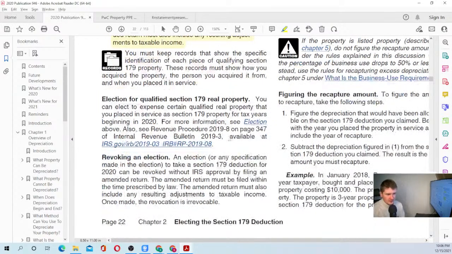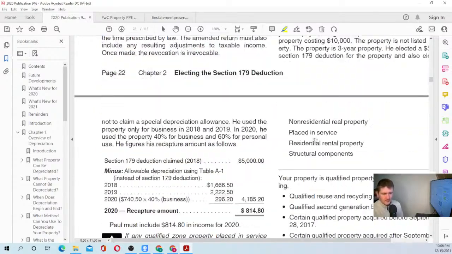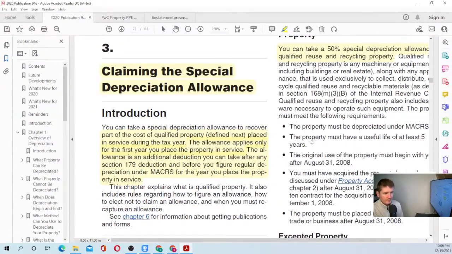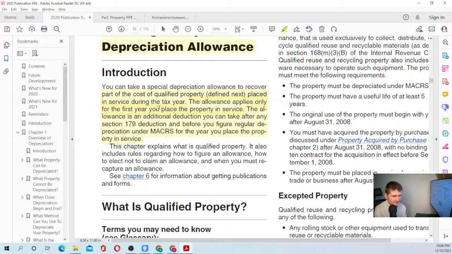Okay, I'm back. In addition to the 179 deduction, we have a special depreciation allowance, and we actually have several such allowances. We can take special depreciation allowances to recover part of the cost of qualified property placed in service during the tax year.